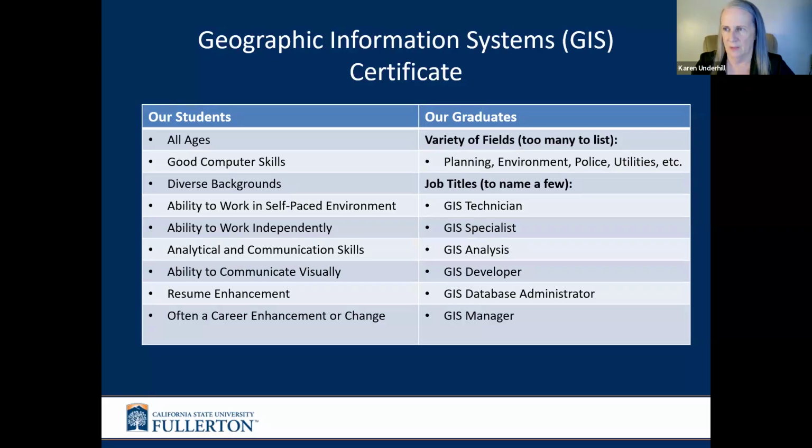So some of the job titles here, I've listed a few. There's many. Usually the entry level, like right after you get your certificate and it's your first job in GIS, you might see something more of a GIS technician or a GIS specialist type of position.